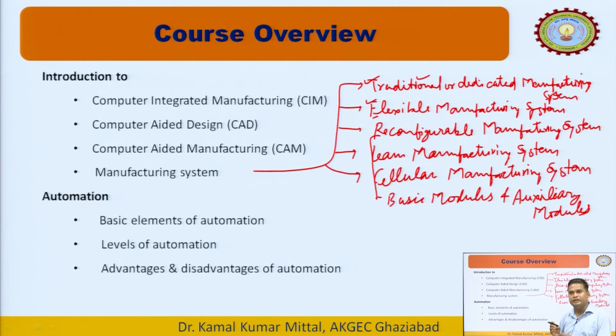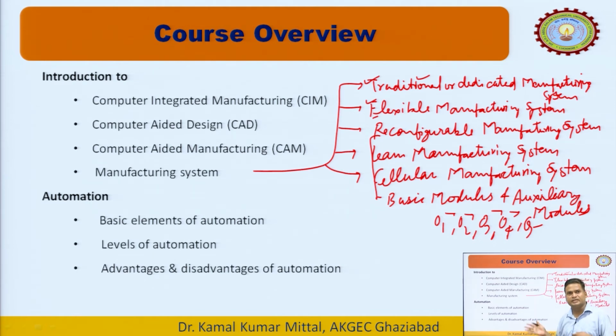So for example, suppose a set of 5 operations is there, 1, 2, 3, 4, 5. The sequence is fixed: 1 to 2, 2 to 3, 3 to 4 and 4 to 5. First we set the machine, then for the second operation some changes are required, and accordingly we make the changes for auxiliary modules only.